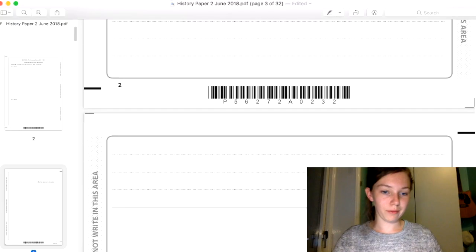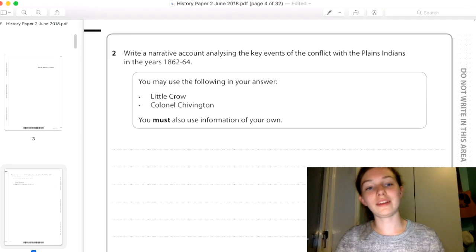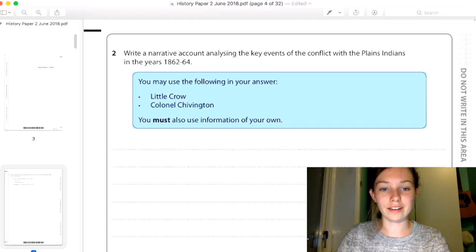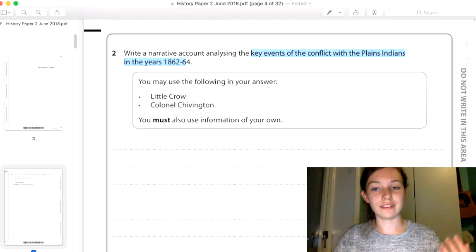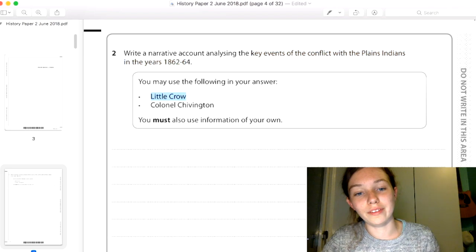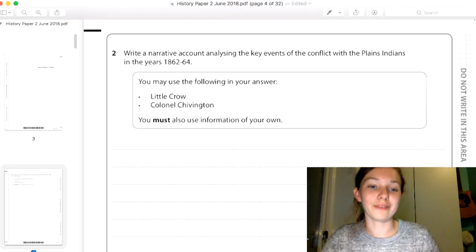And then we move on to a slightly more challenging question. Question 2 is a narrative account. Now this one here, like last year, came up interestingly because you'll notice it says 1862 to 1864, and if you look here, it's talking about the key events of the conflicts in the Plains Indians conflict, and it's got Little Crow, and then it's got Colonel Chivington, which will be the Battle of Little Bighorn, and then it wants a third thing, and logically the third thing, which you won't notice if you don't do the American West, would be Red Cloud's War.